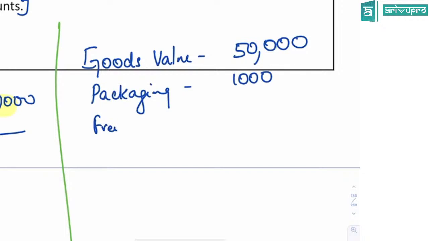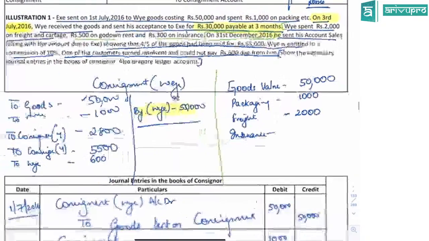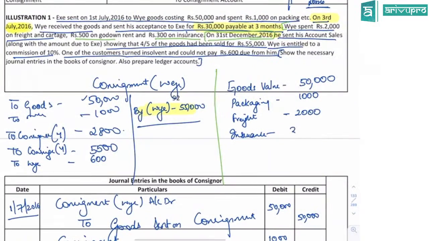Then you had freight, I think 2,000. Then you had insurance, which is 300. You had godown rent, 500. Then you had bad debts, 600. Then you had a commission of 5,500.